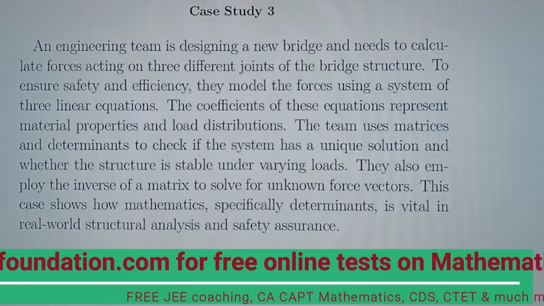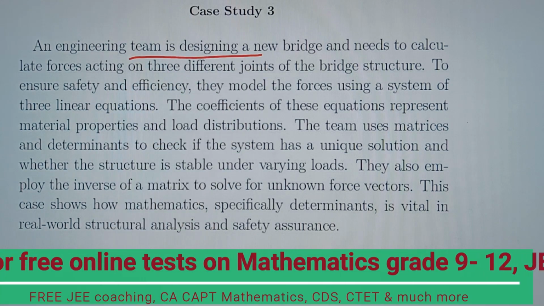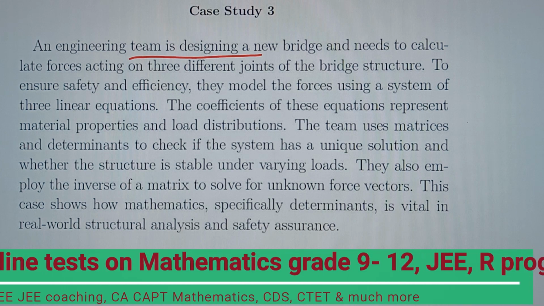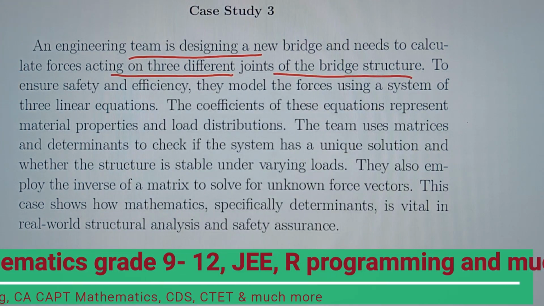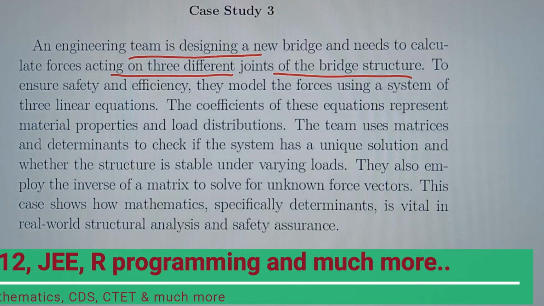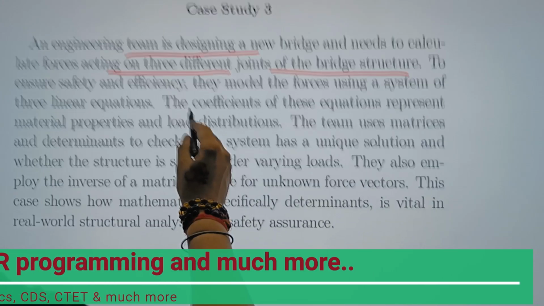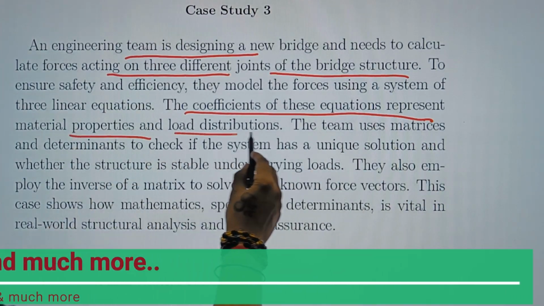So students, this is our third case study on the determinant chapter. An engineering team is designing a new bridge and needs to calculate forces acting on three different joints of the bridge structure. To ensure safety and efficiency, they model the forces using a system of three linear equations. The coefficients of these equations represent material properties and load distribution.